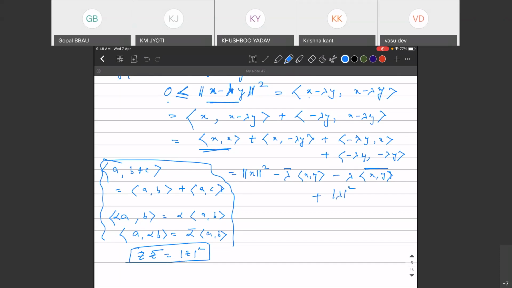So we assume it is complex, and it is mod lambda squared times y comma y. But you know y comma y is norm y squared. Let me write it as lambda bar.